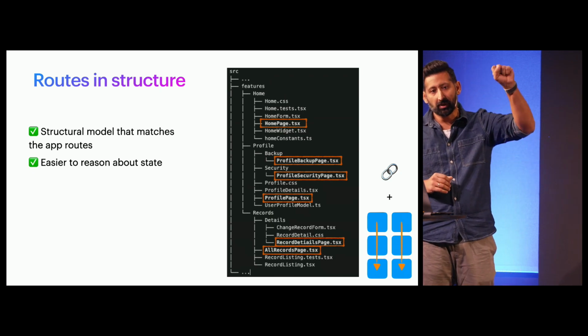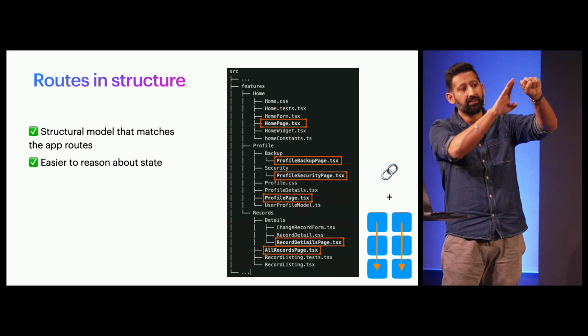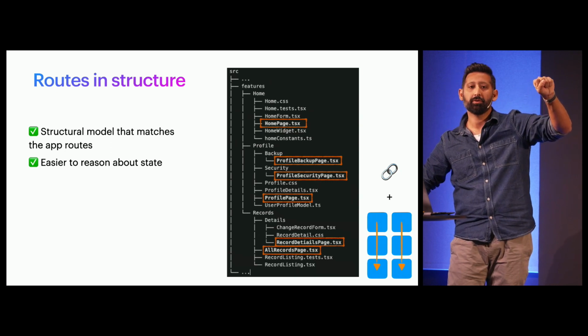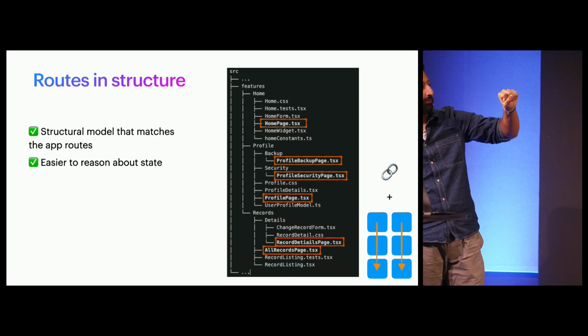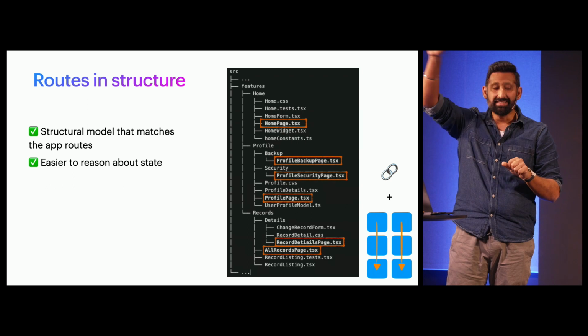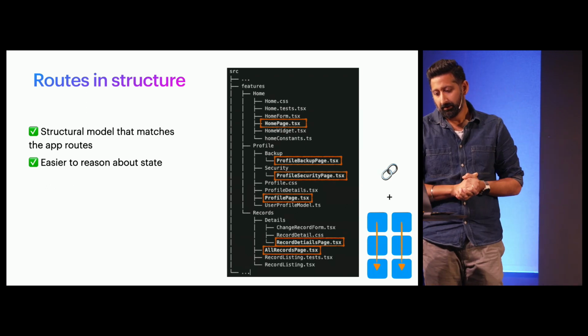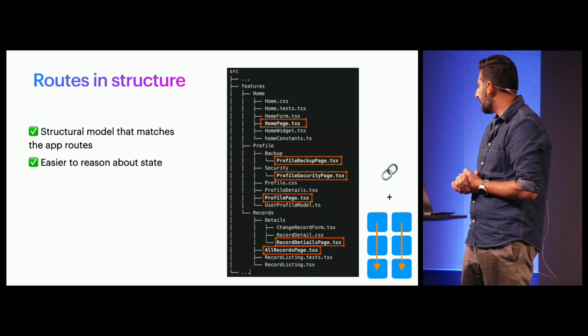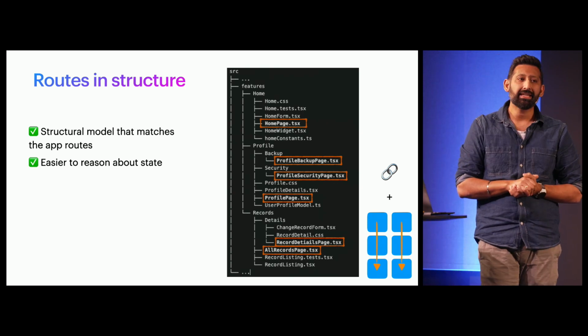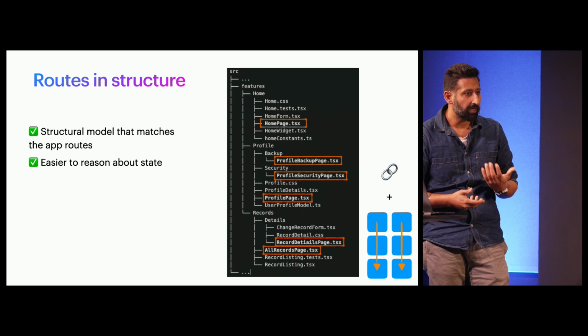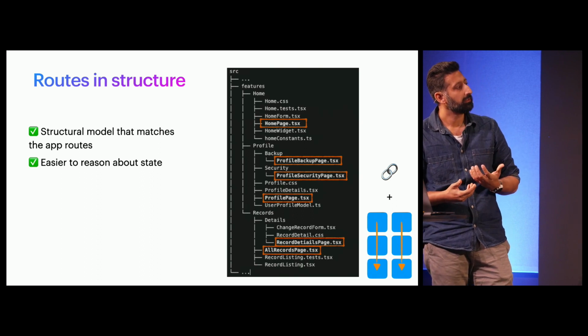When you have state on one level, it's easier to understand that this is now available to all these sub-components. That's not necessarily true when the state is decoupled completely and you're pulling on it from different places. So it becomes a lot easier to reason about what information I have available in my component at this time.